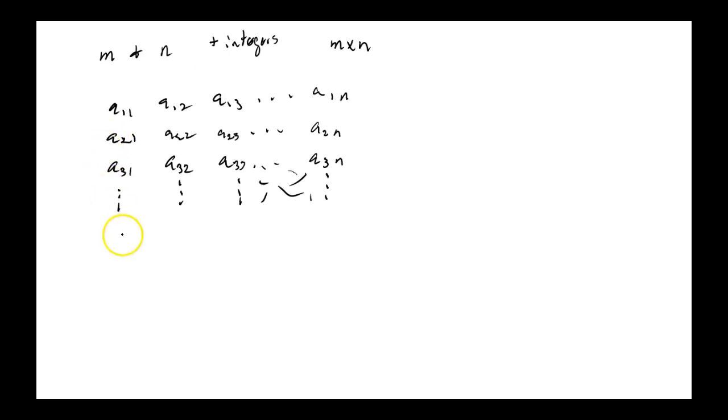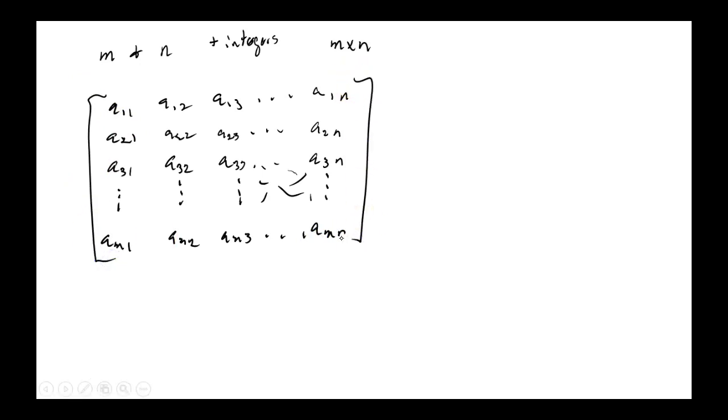Your last entry will be A sub M1, A sub M2, A sub M3, dot, dot, dot, up to A sub MN. Now, you put that array in brackets, and this is what we call a matrix.